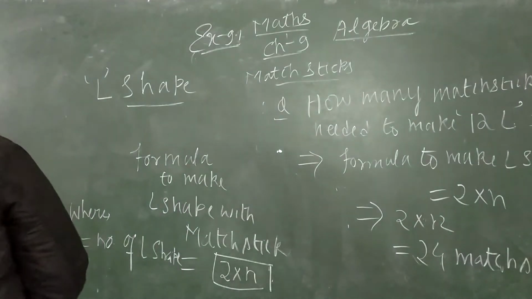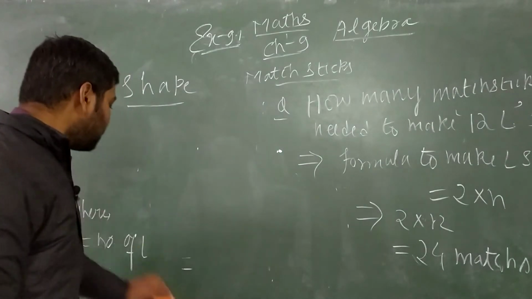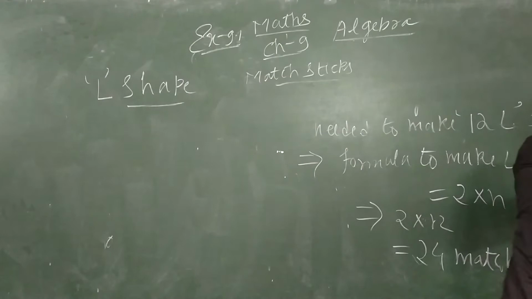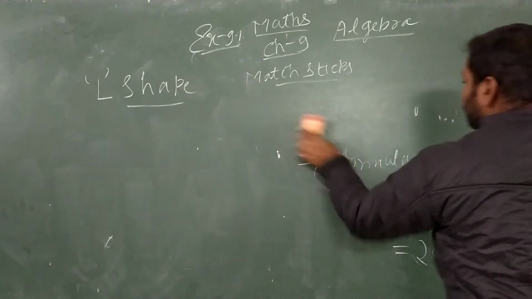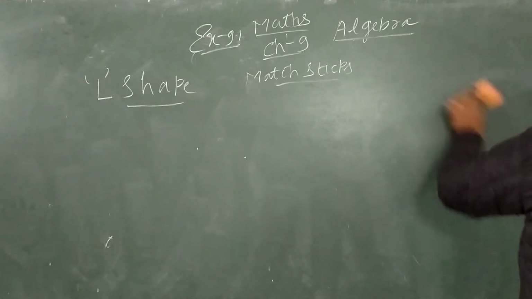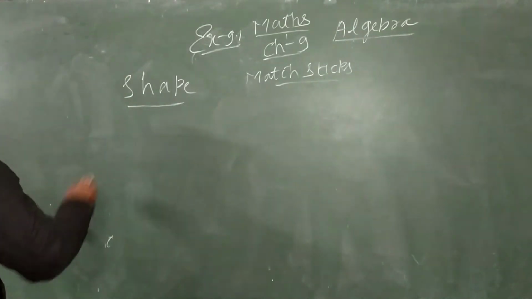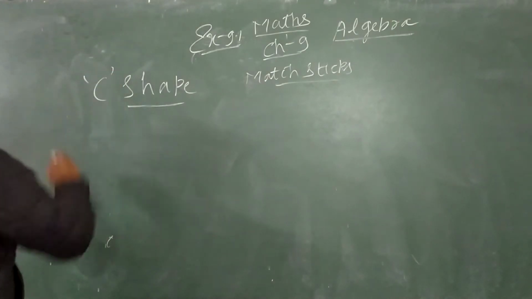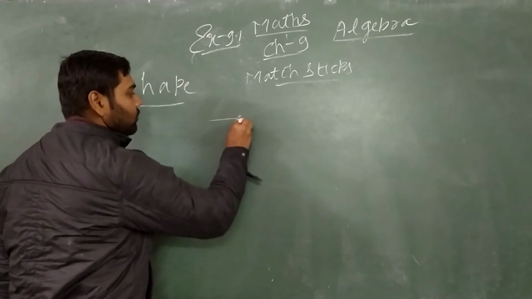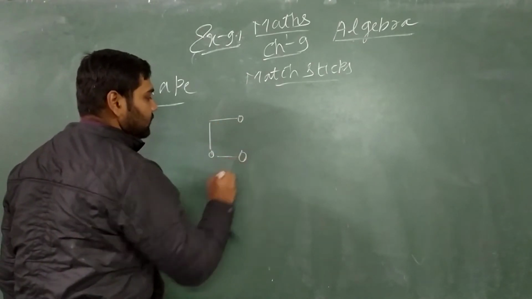Now we will see if we have to make the C shape. Only those shapes which are given in your book we will discuss here. See here, to make the C shape, how many matchsticks are needed? See here, 1, 2 and this is 3.